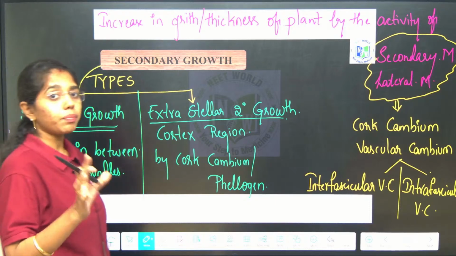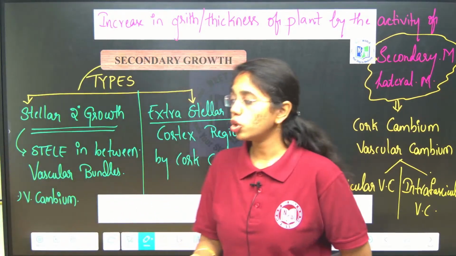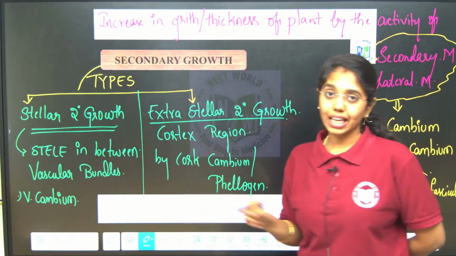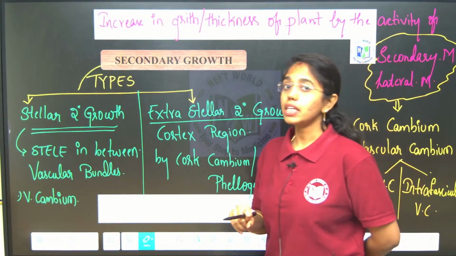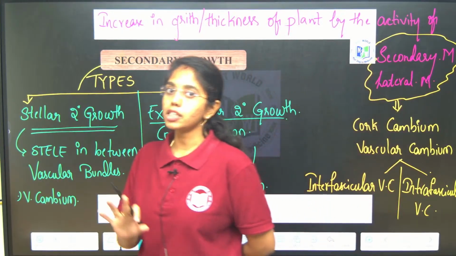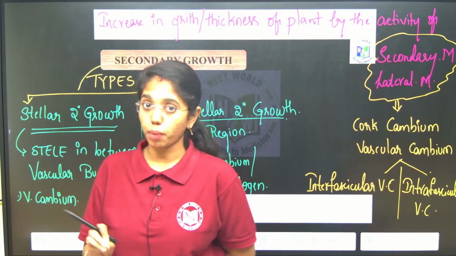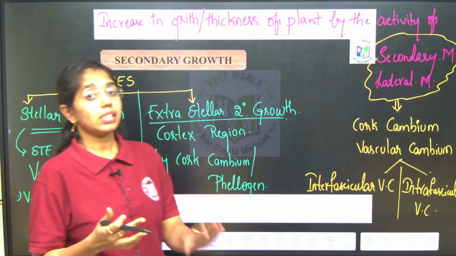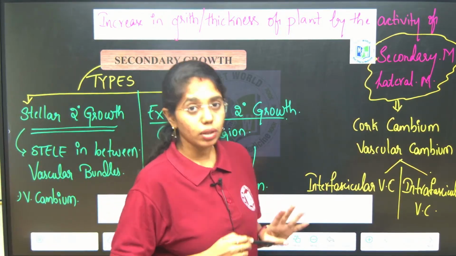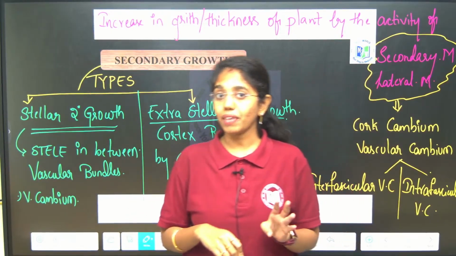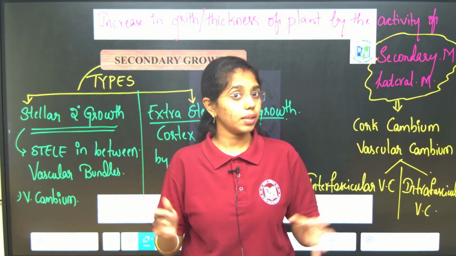In which type of plants or in which division do you observe secondary growth? Secondary growth is not present in all the spermatophytes. Listen to the statements properly because you can get a statement based question. Secondary growth does not occur in all the spermatophytes, that is all seed bearing plants.